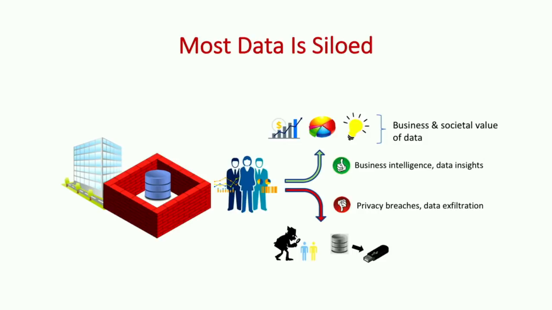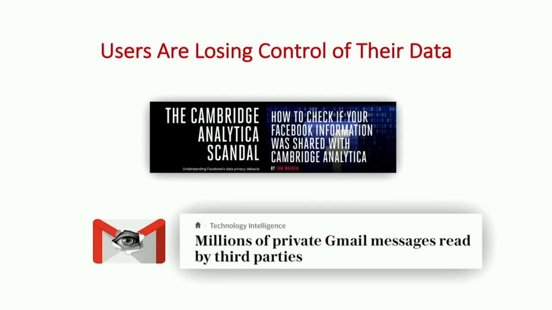Because the data is sensitive, it can't really be utilized, and hence we are not able to extract valuable insights from all this data, including, for example, medical data and financial data. And at the same time, users are losing control of their data, as demonstrated in the recent Cambridge Analytica incident.